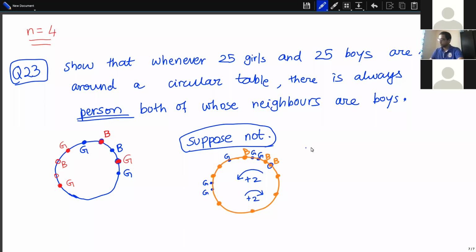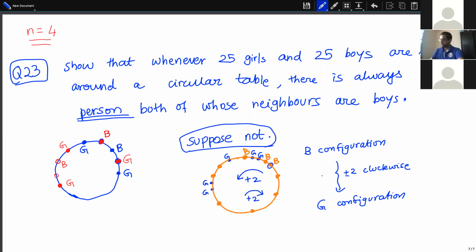The B configuration, meaning where they are seated, gives rise to the G configuration of girls in one of 2 ways: ±2 units, clockwise or anti-clockwise. You can rotate it in any which way, and the same thing from the girls.